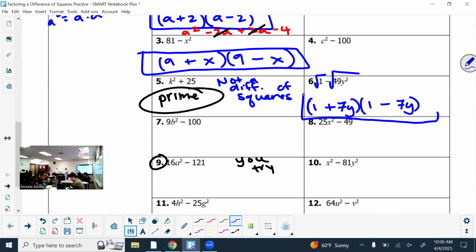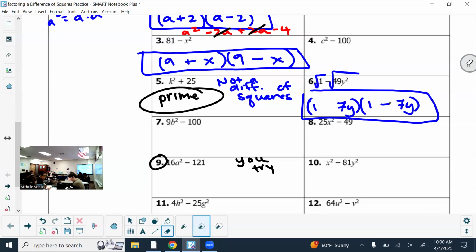All right, as far as switching the order, if you wanted to, you can put the minus sign here and the plus sign there, that doesn't change anything at all. But as far as switching the order in the parentheses, some people really just want to see that 7y first.